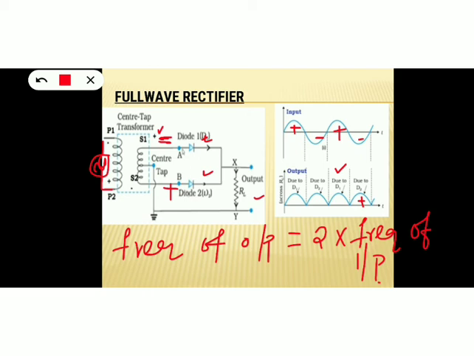So which is more efficient, full wave or half wave? Full wave rectifier is more efficient than the half wave rectifier. Frequency of output is equal to 2 times frequency of input for a full wave rectifier. But for a half wave rectifier, frequency of output is equal to frequency of input.